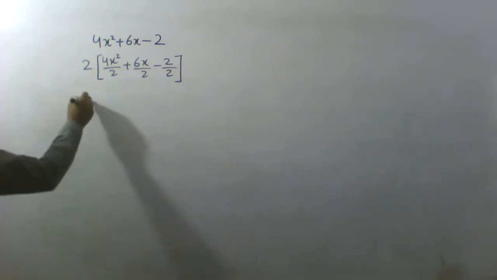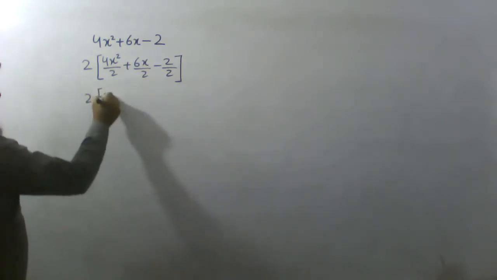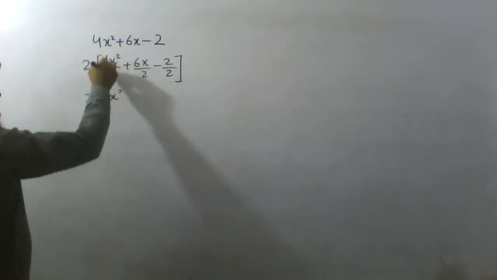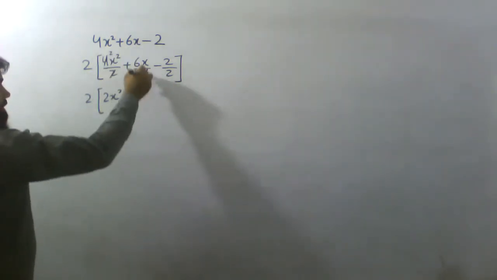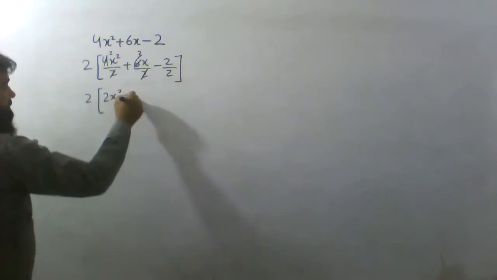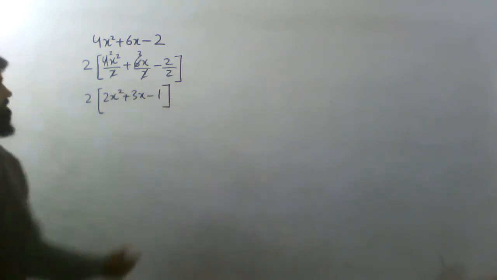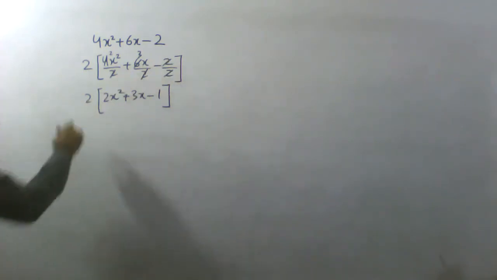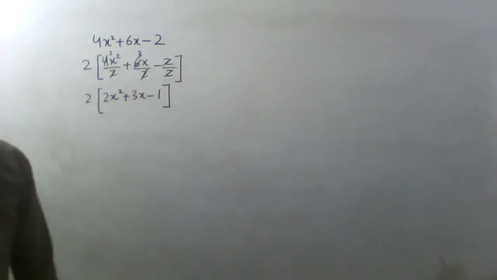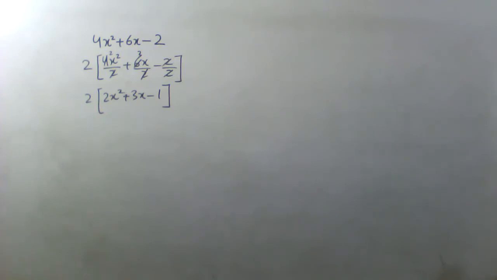So when I simplify it, this will become 2x square, this will become 3x, and this will become, I have taken 2 common. This is one of the scenarios which we can have.